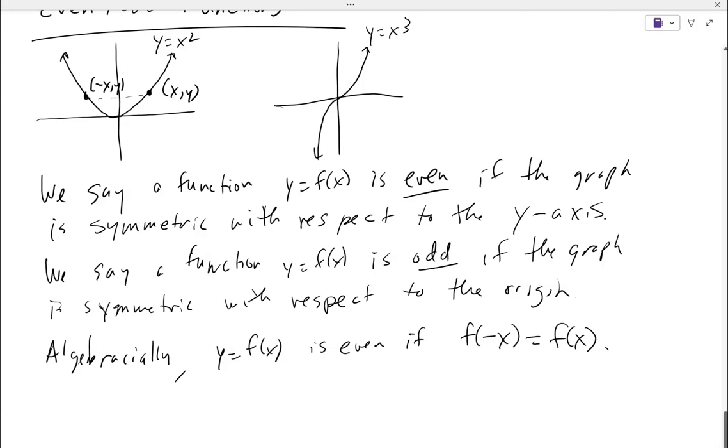So if I take out x, substitute in minus x, and simplify, we get the exact same thing we started with. Knowing what we know about transformations, this says that a horizontal reflection did nothing. Algebraically, that's what this says. A horizontal reflection did nothing.